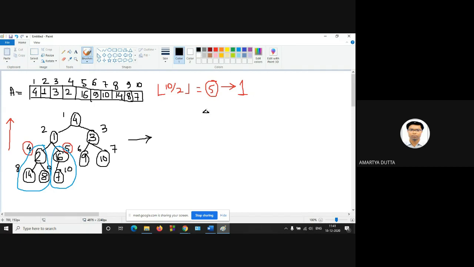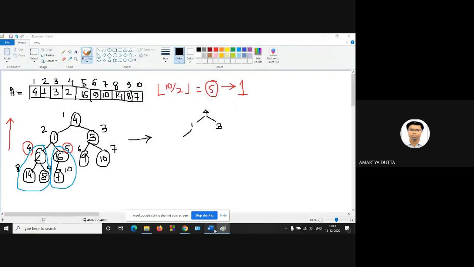So 4, then from 4, this is 1, this is 3, and 2, 14 and 8 is not a heap. You have to call the heapify function.